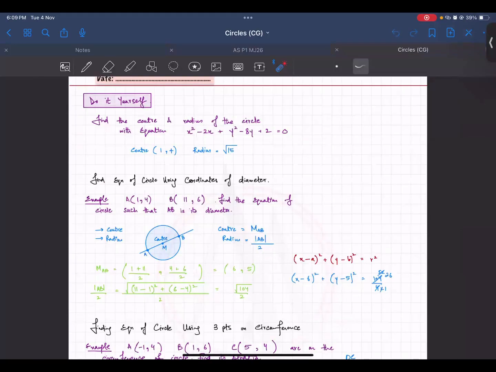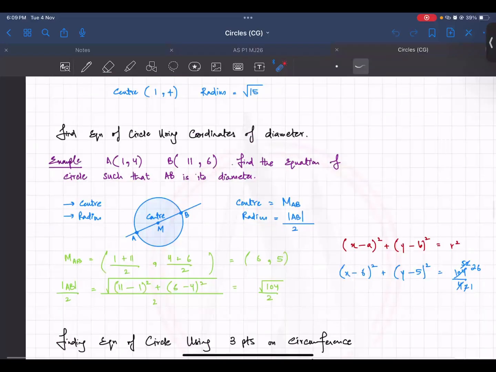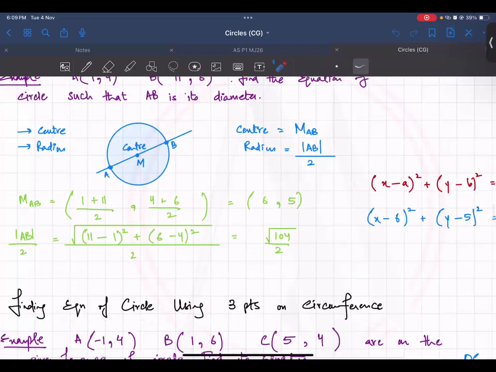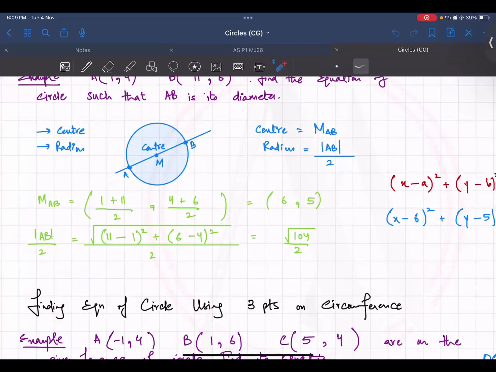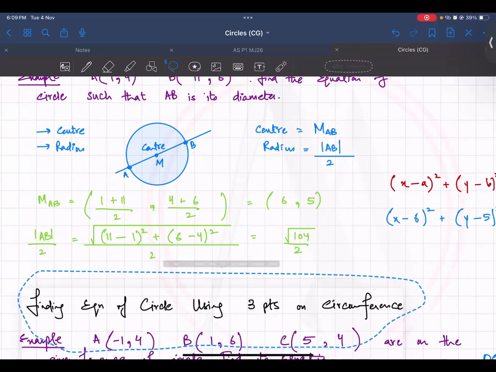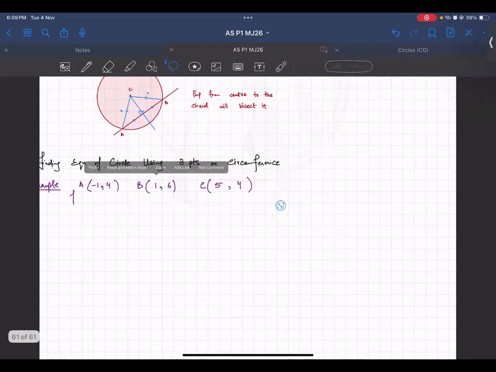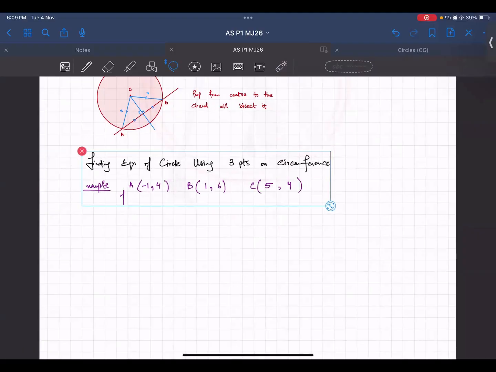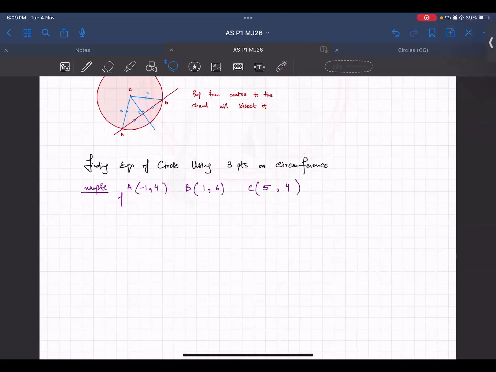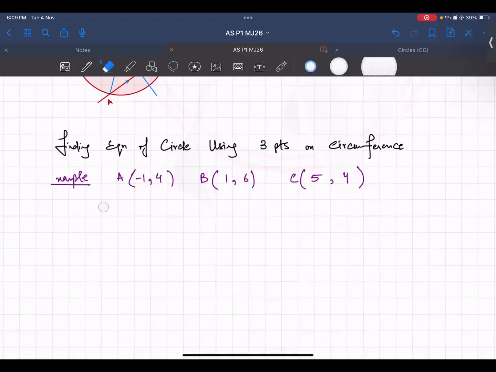Now look, this is the question. They will ask you, they have asked you in the past paper as well: finding the equation of the circle using 3 points on the circumference.